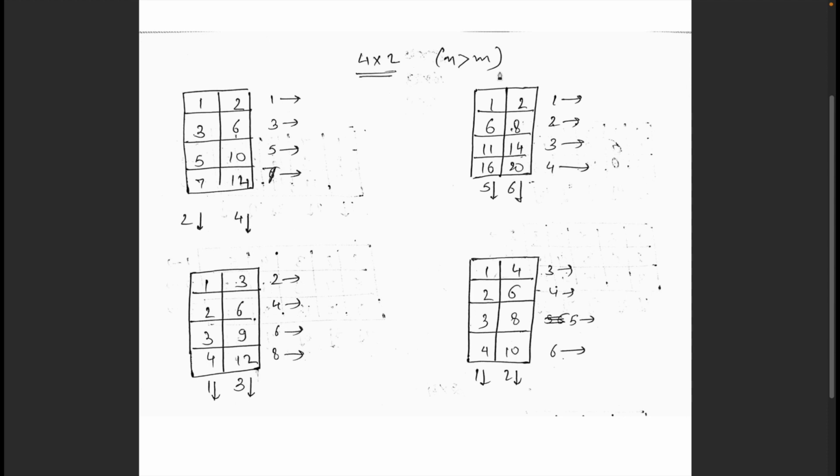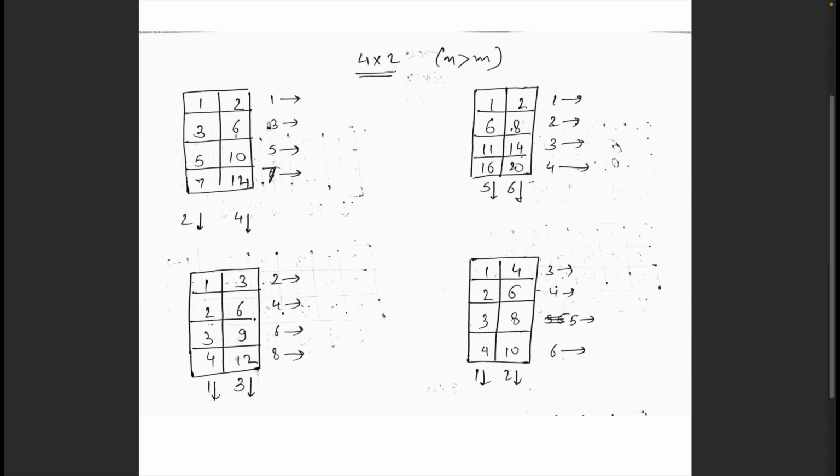Let's start with the case when n is greater than m, which implies rows are greater than columns. You can see the rows are 4 and the columns are 2. Initially we take the same funda which we applied when n is equal to m.